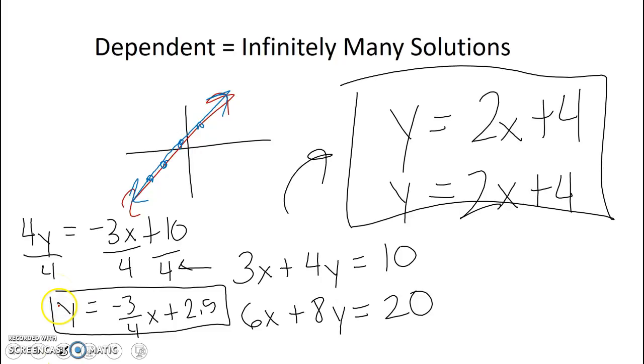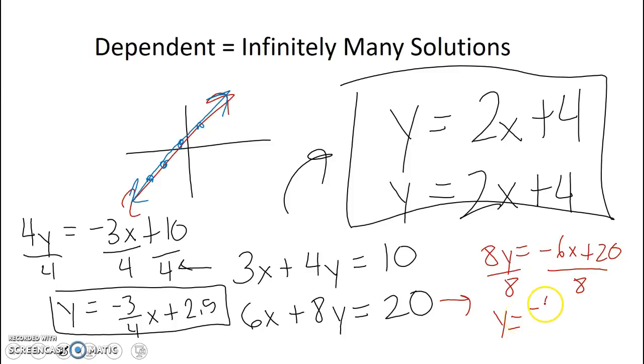I would now try to do the same thing with this line over here, which would give me 8y equals negative 6x plus 20. Divide this by 8, and I'd have y equals negative 6/8 x plus 2.5.